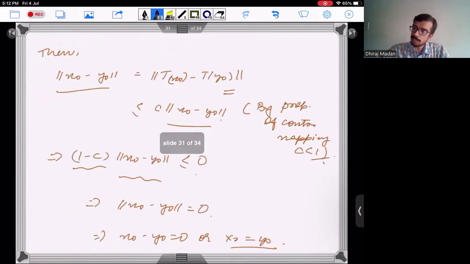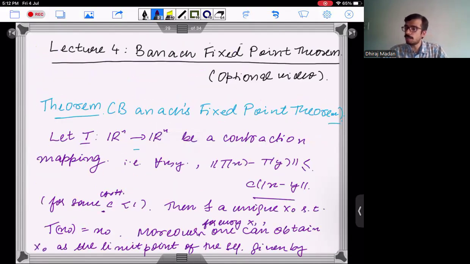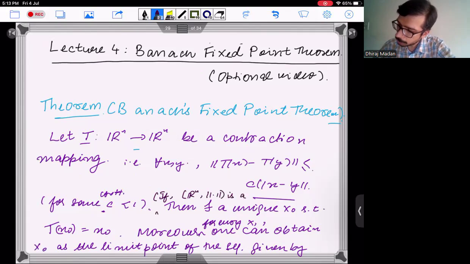So the norm which we will be talking about will be the sup norm, wherein we'll actually be having a Banach space, right? And here the assumption is that the vector space R^n with this particular norm is a Banach space, meaning that every Cauchy sequence is convergent.